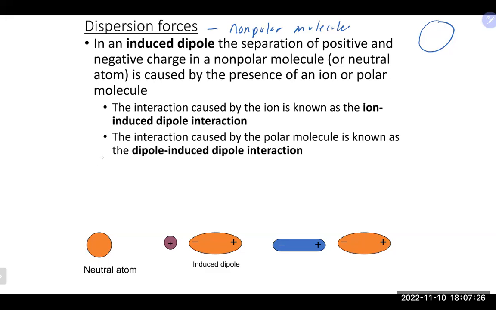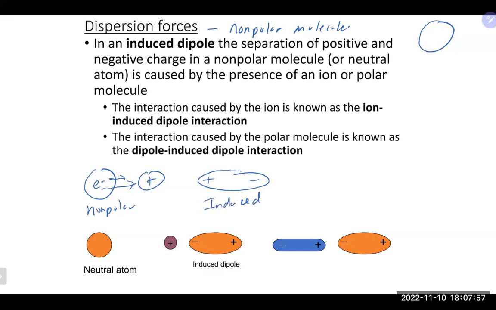So for example, if we did have our kind of nonpolar molecule here, and temporarily we put a positive charge near it, the electrons in this nonpolar molecule would be attracted to the positive charge of that ion. And what that's going to do is temporarily create a charge in that nonpolar molecule, which normally doesn't have a charge. So it's going to induce a charge here, or an induced dipole.